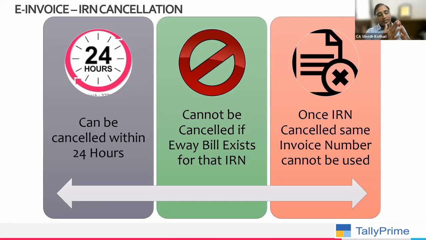If you have generated both, then first you have to cancel the e-way bill, and only then can the e-invoice be cancelled. But if the e-way bill is verified in between, then that cannot be cancelled, right? Say for example, you started the movement, 2 hours gone, somewhere in between the officer has verified and noted that this e-way bill is verified, then the e-way bill cannot be cancelled. This e-invoice also cannot be cancelled.